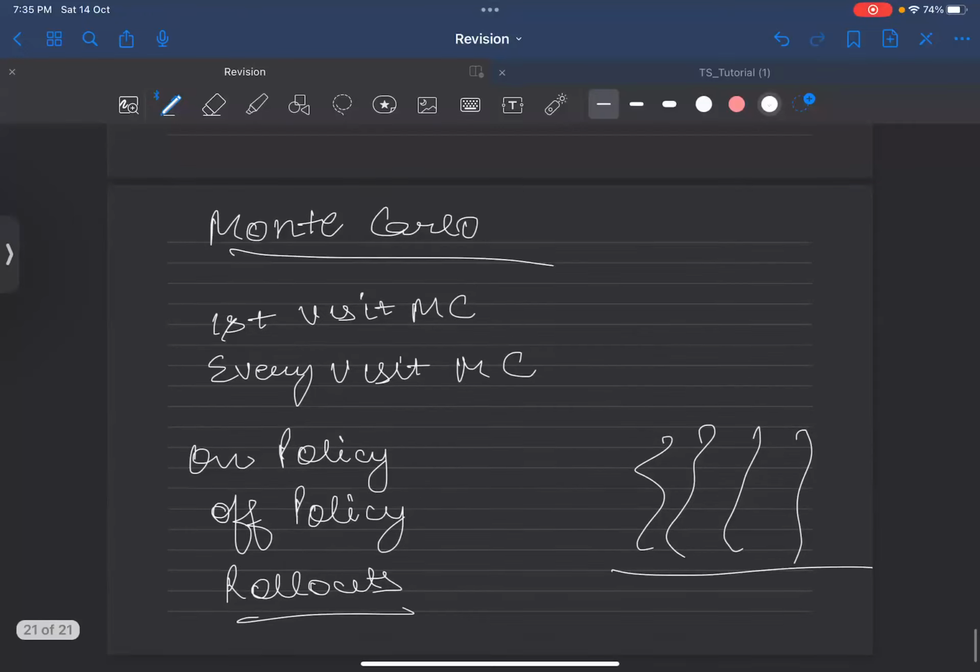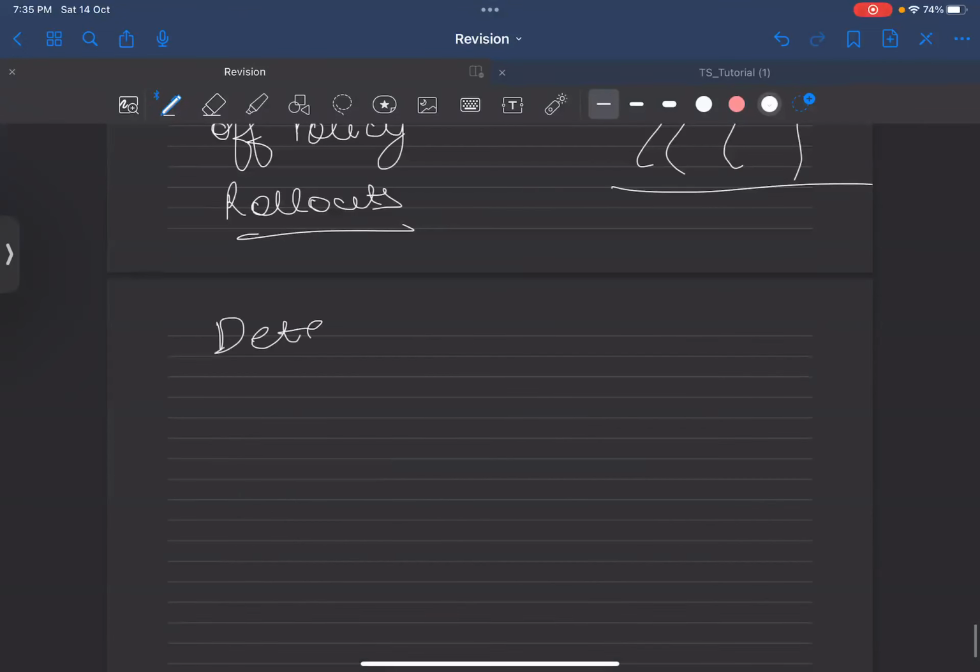If pi is deterministic, do we have to run it as many times as possible? No, not required, because deterministic is simple. There's only one trajectory. So it depends on variability or randomness, and also on how much computation time you have.